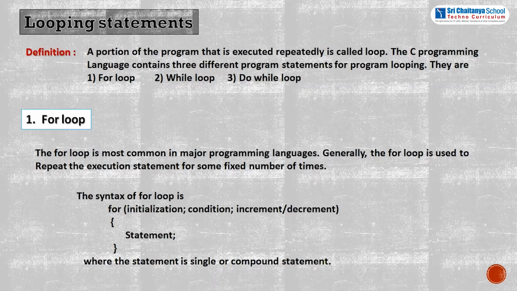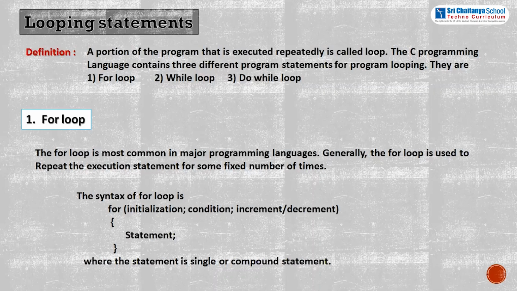When it comes to a for loop, the for loop is the most commonly used looping statement in major programming languages. Generally, the for loop is used to repeat the execution of statements for some fixed number of times.